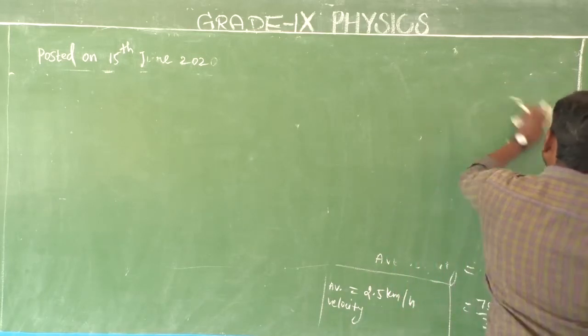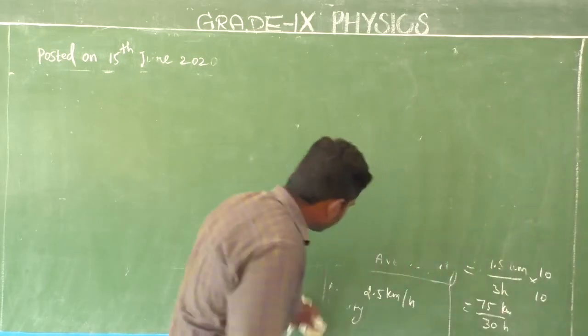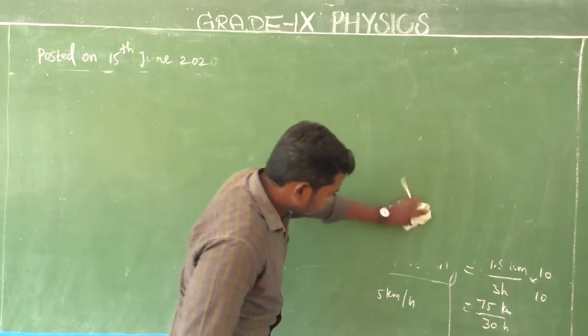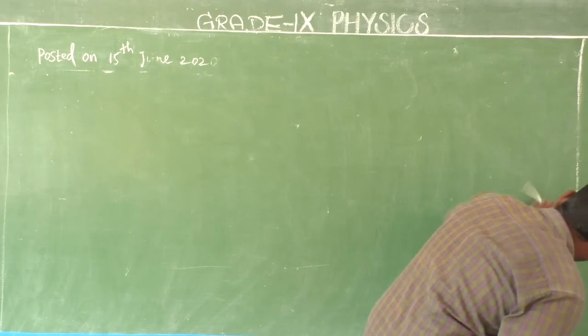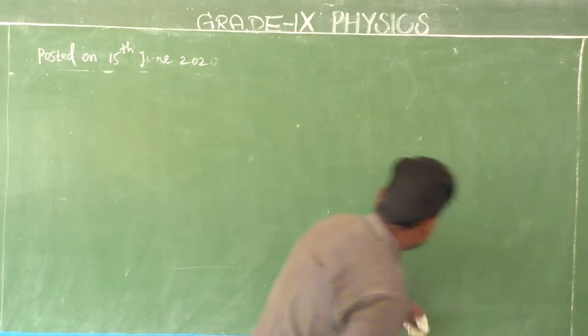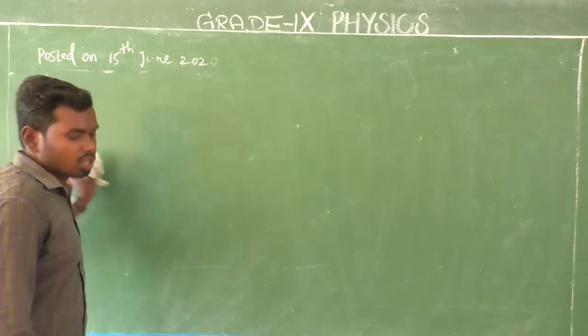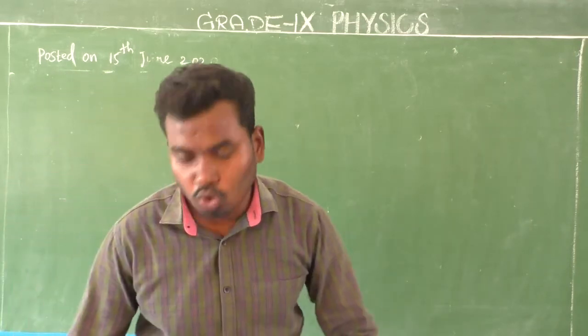Average speed is equal to total distance covered by an object divided by total time taken. Whereas average velocity is total displacement covered by an object divided by total time taken. So that is the difference between average speed and average velocity. Is it clear?